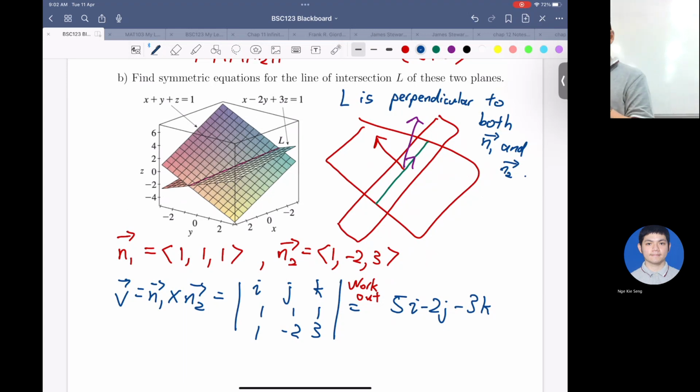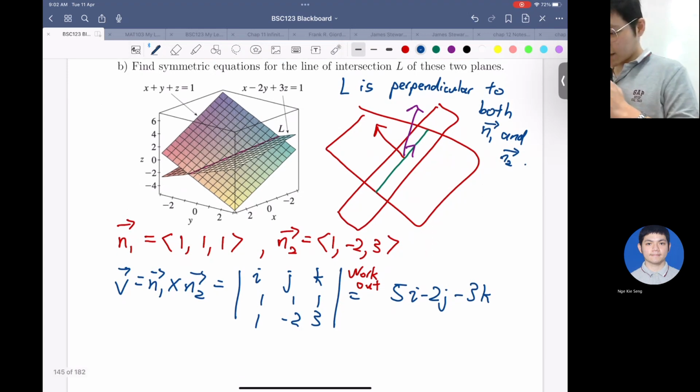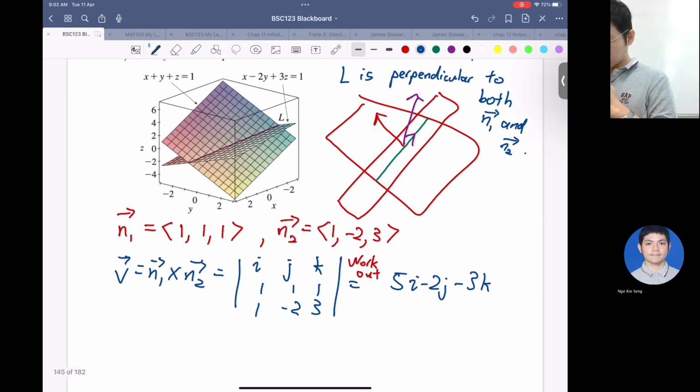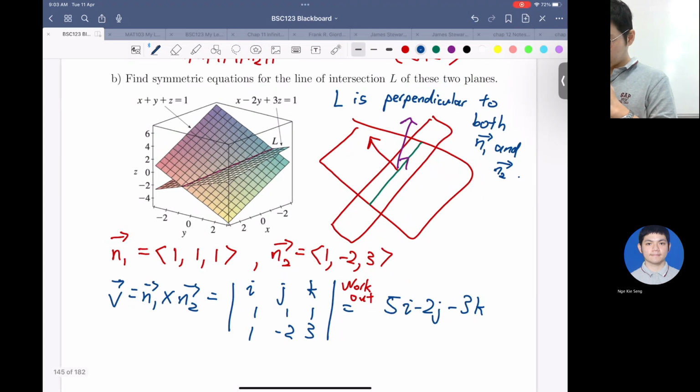I mean, you need a point. I think the claim is L intercepts the origin. Is it right? Oh, it's not right. Okay, so you need to find an intersection point.